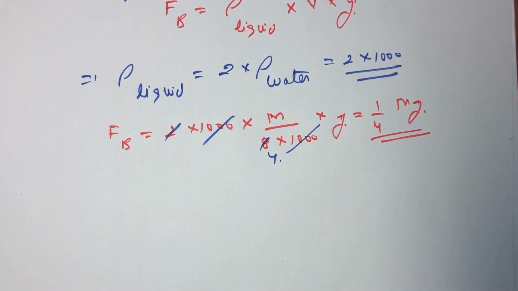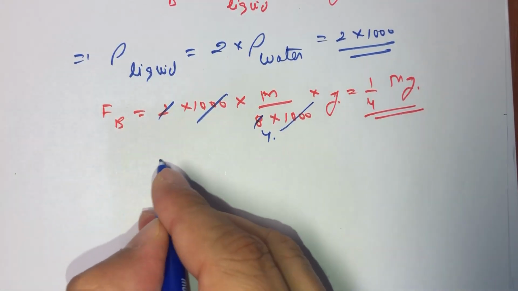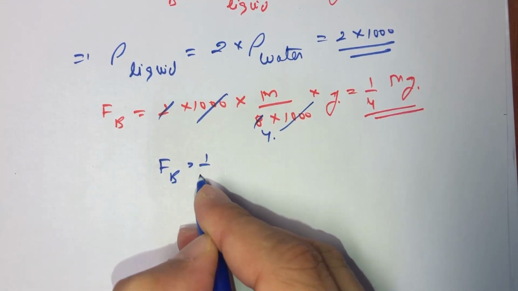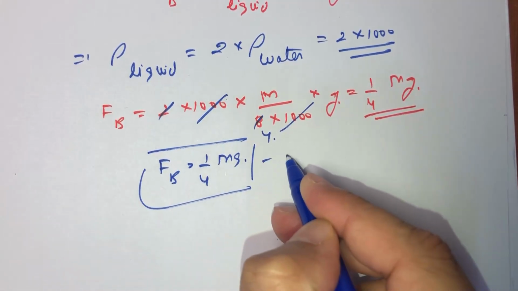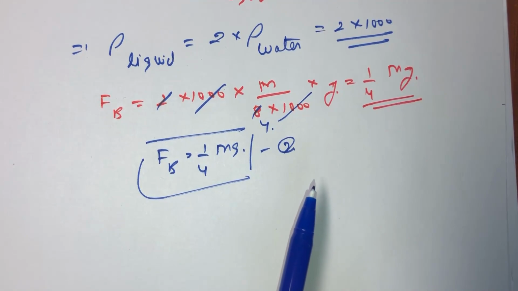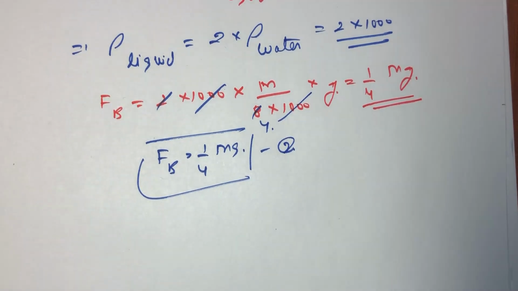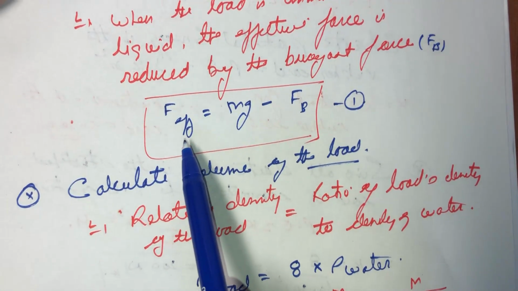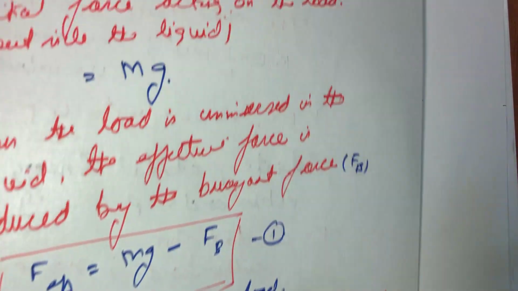So we are going to use this value of buoyant force. Let me write it here. FB is equal to 1/4 mg. Let us call this equation number 2. Now we are going to use equation number 2 in equation number 1, and equation number 1 was that the effective force will be equal to mg minus the buoyant force.